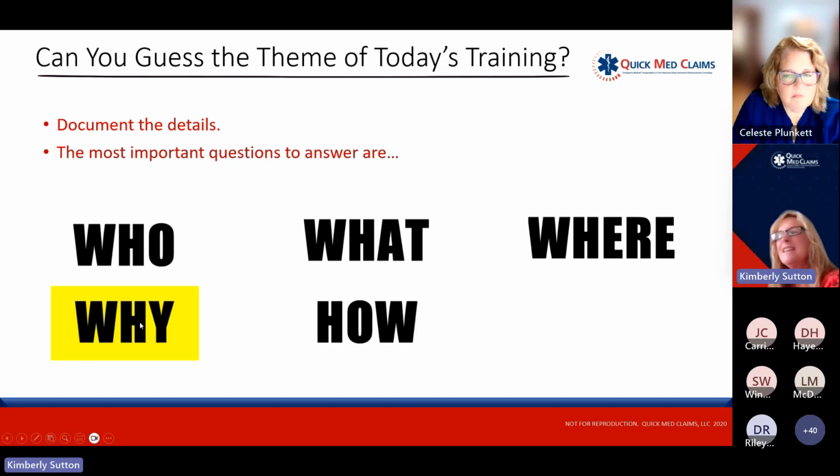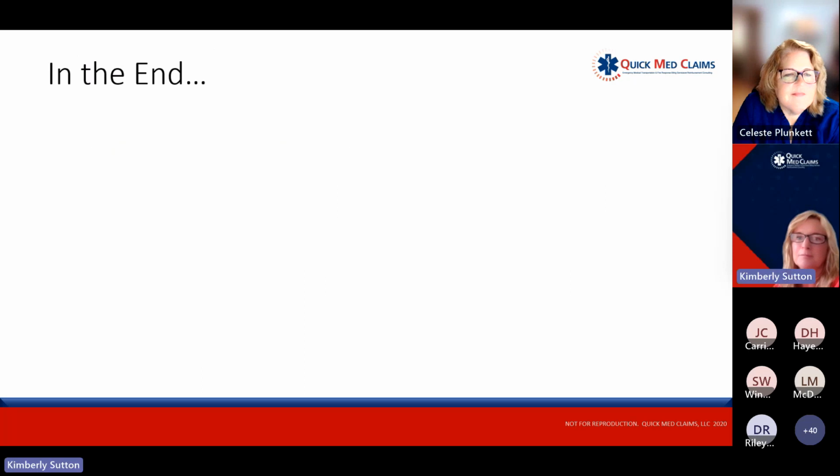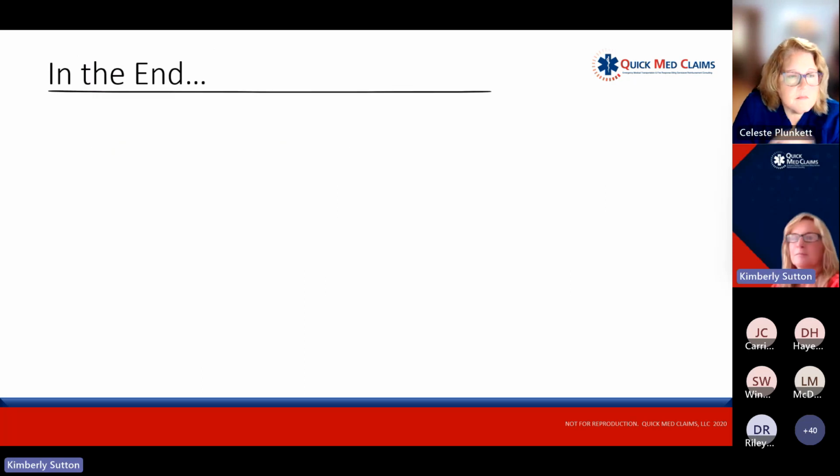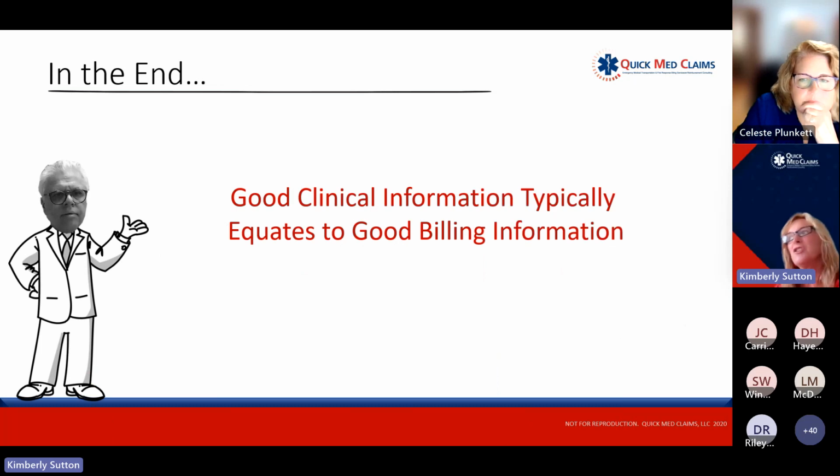And those are just key things to help you paint the picture on some of the documentation training that we've gone over. And when, sorry, I did forget when. Who, what, where, when, and how.